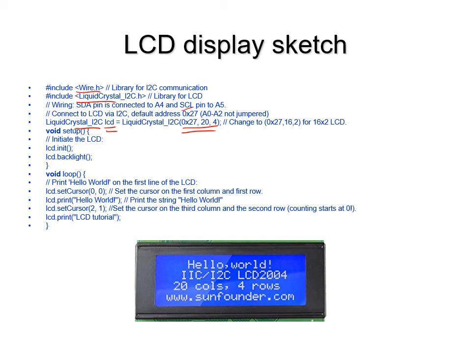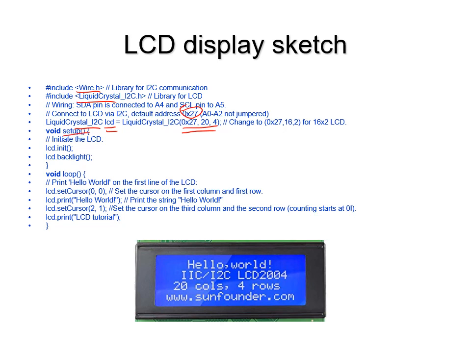Okay, so the address is 27. Okay, and 20 characters and four rows. Okay, you can have different configurations for your displays.